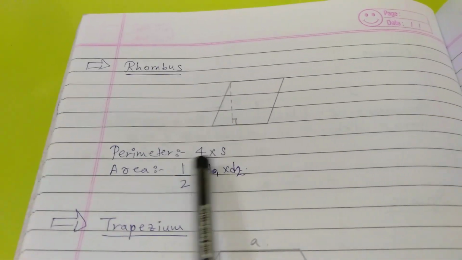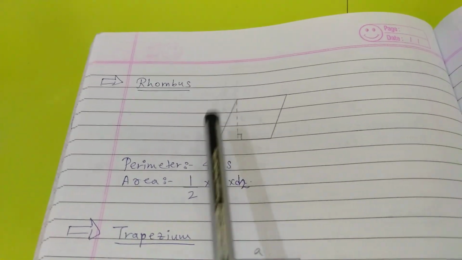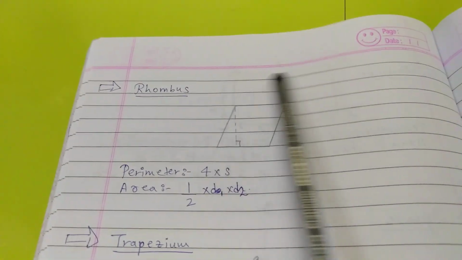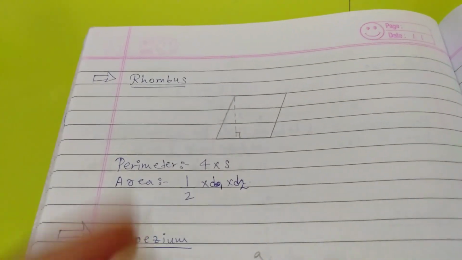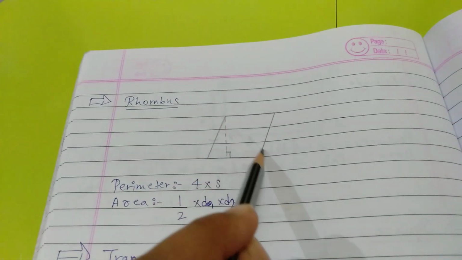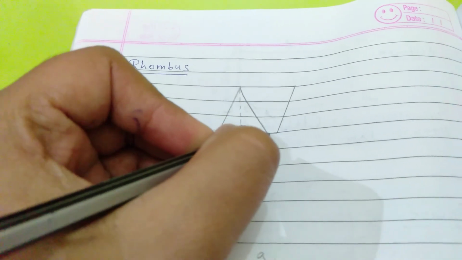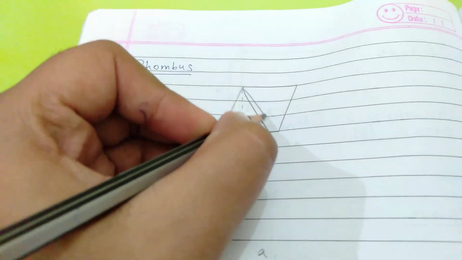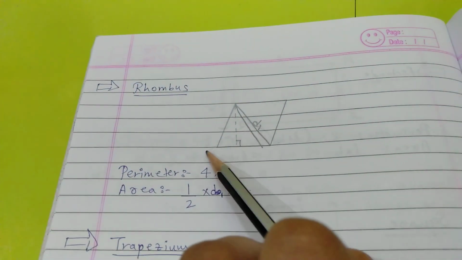Its perimeter is 4 into side, that is side plus side plus side plus side, and its area is half into d1 into d2. d1 and d2 are its diagonals. I'll draw it here. This is d1 and this is d2.